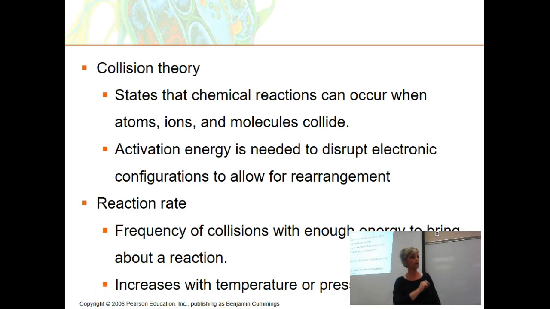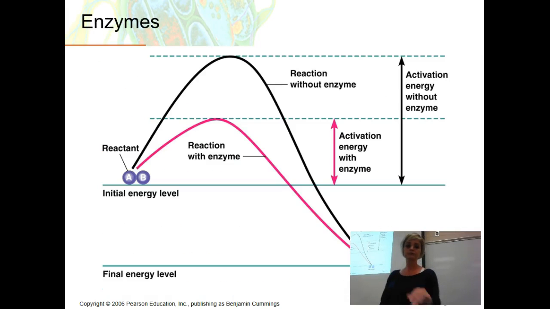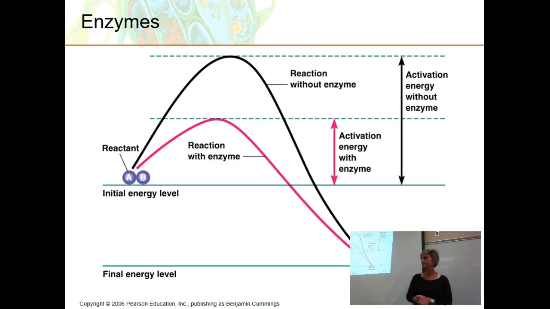So smaller particles tend to create faster reactions. So we can manipulate, to a certain extent, how quickly chemical reactions are actually moving. When you look at a chart of an enzyme, the black line that you are seeing there is a reaction without an enzyme.